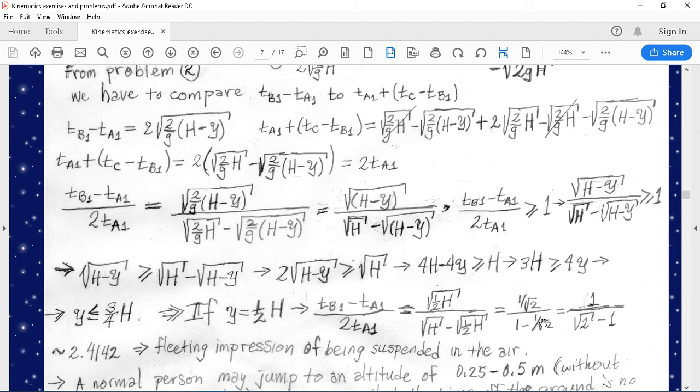So the ratio actually is given by this value.